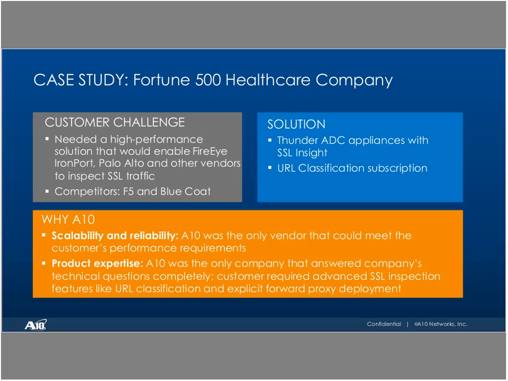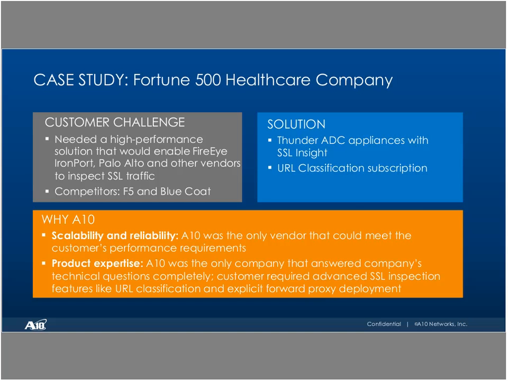So just as a case study, one Fortune 500 healthcare company needed a high-performance solution that would enable their FireEye, Ironclad, Palo Alto, and actually their Blue Coat ProxySG products to inspect SSL traffic. They looked at F5 and Blue Coat. They ended up selecting the A10 Thunder ADC appliance with SSL Insight and their URL classification subscription.